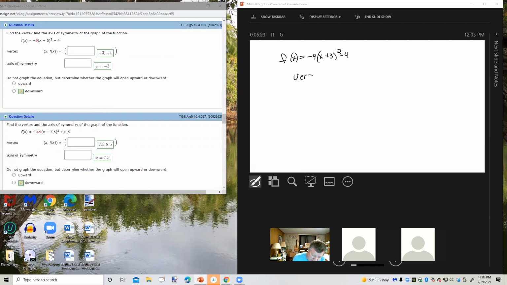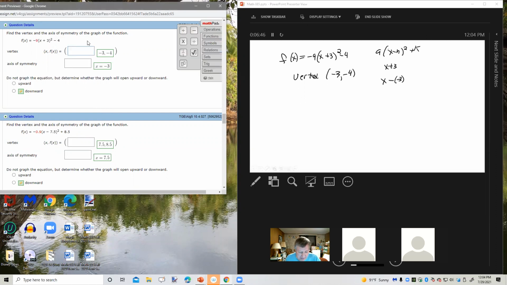So the vertex is going to be at -3, -4, h, k. Where am I getting that? Well, think of this form. If I've got x plus 3, but I've got to write it in the form x minus h, wouldn't h be -3?